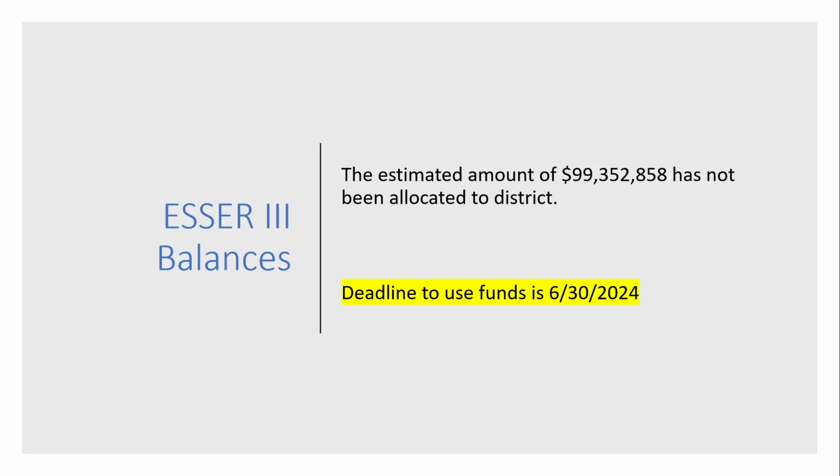And at that time, we will have to pull together how we intend to use the 20% for learning loss. And then we'll have to put in a budget, and it has to be completed by November 15th.